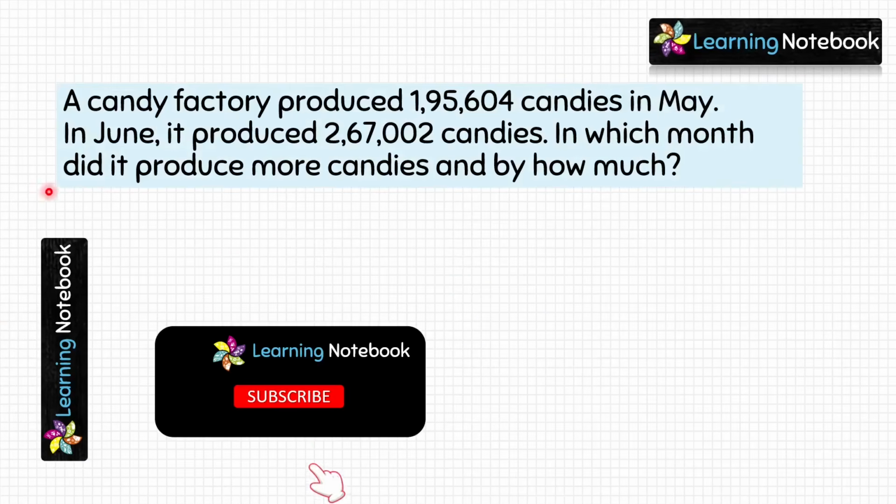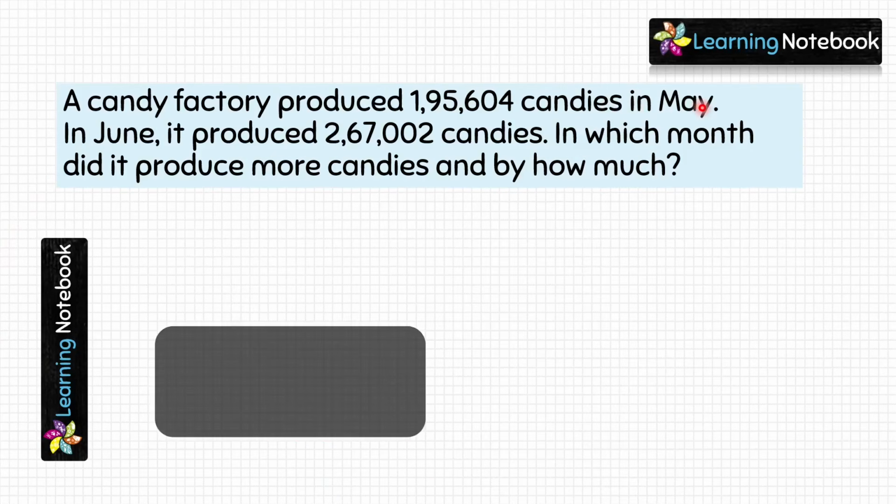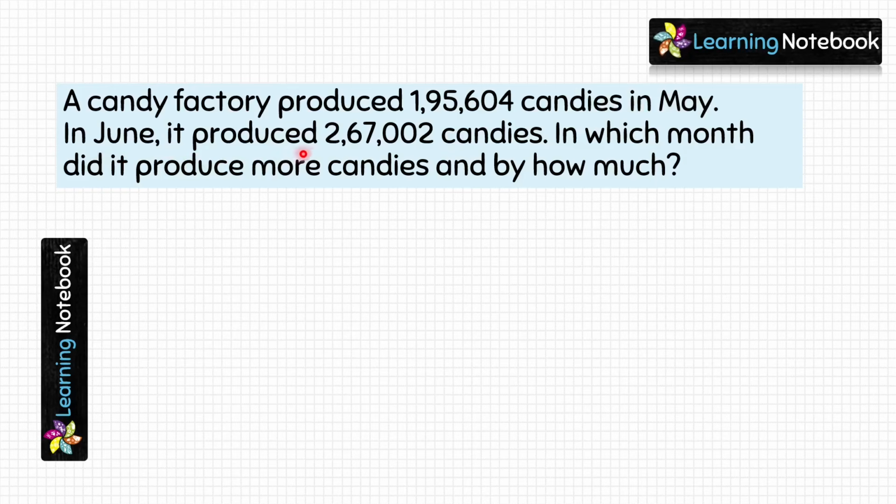Second word problem. A candy factory produced 195,604 candies in May. In June, it produced 267,002 candies. In which month did it produce more candies and by how much?